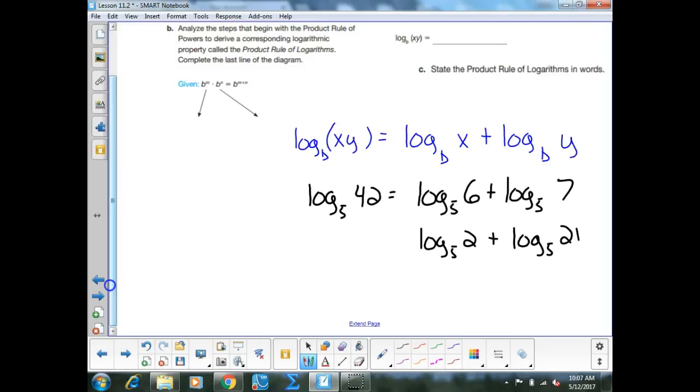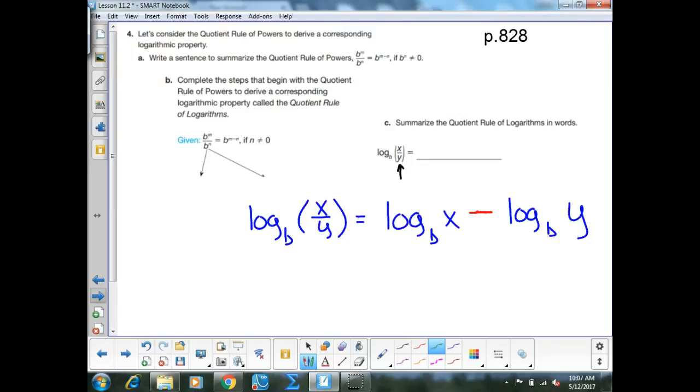It could be log base 5 of 3 plus log base 5 of 14, log base 5 of 1/2 plus log base 5 of 84, okay? All those different combinations, as long as these two numbers here multiply to get me this number. So today, then, these two numbers here have to divide to get this number.